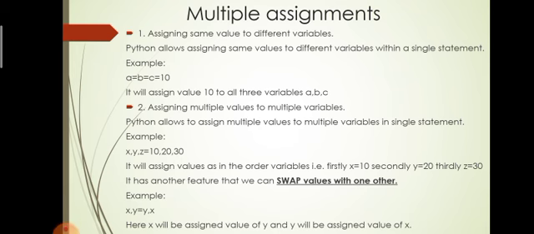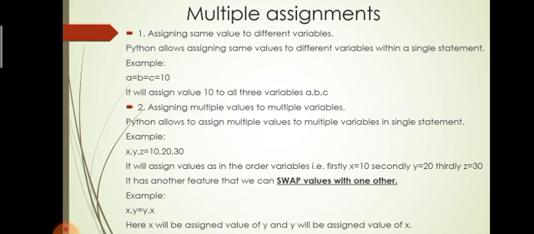Coming to the next part, assigning multiple values to multiple variables. Pay attention, assigning multiple values to multiple variables. In the previous one we assigned the same value to different variables, but here we are assigning multiple values to multiple variables. Here we have three variables x, y and z, and at the same time we are assigning different values like 10, 20 and 30.